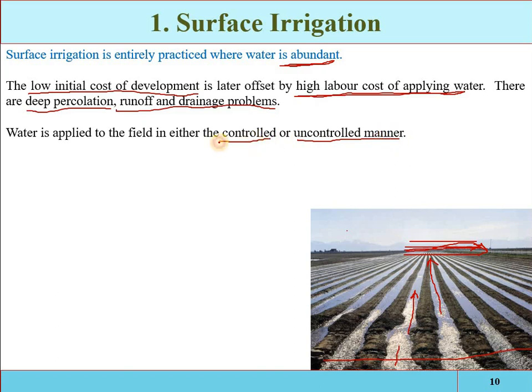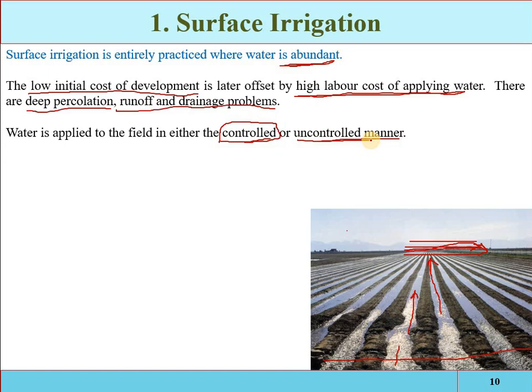Suppose the flow of water within the field is guided and controlled, and the land is prepared for the movement of water. Then we can say that the surface irrigation is a controlled irrigation. Uncontrolled irrigation is where the water is applied widely, and it is also called wild flooding.